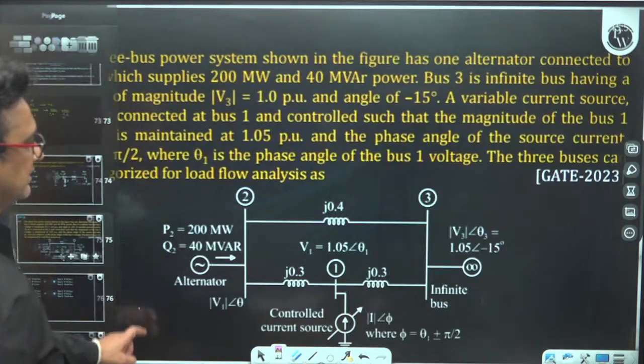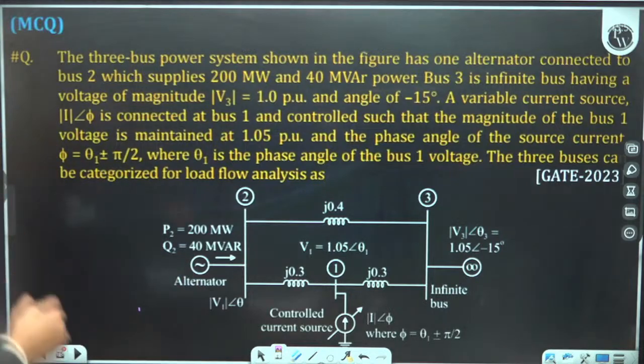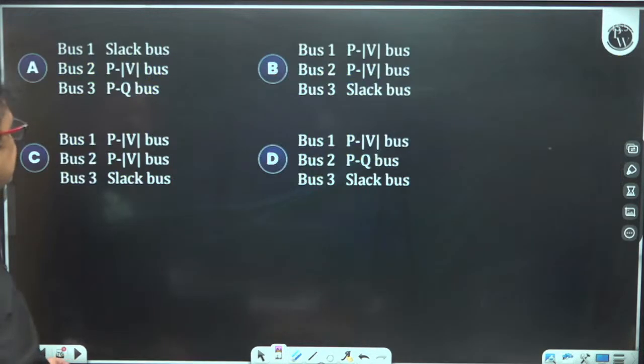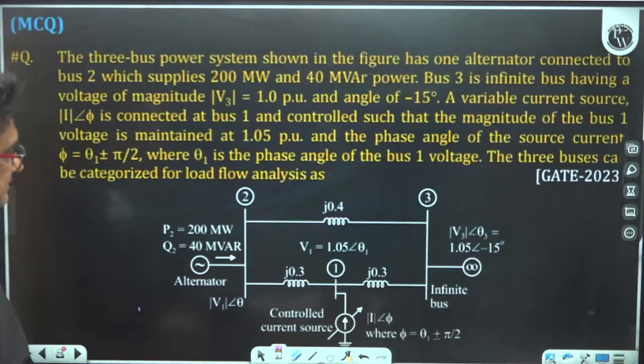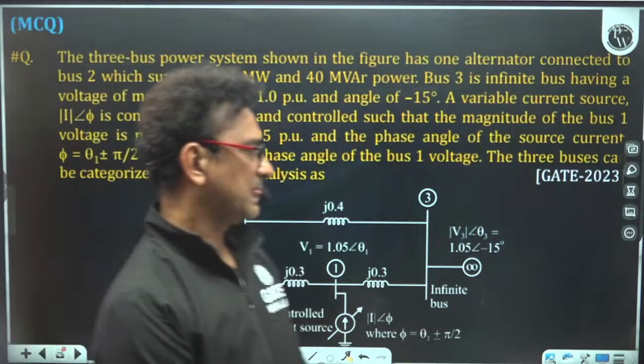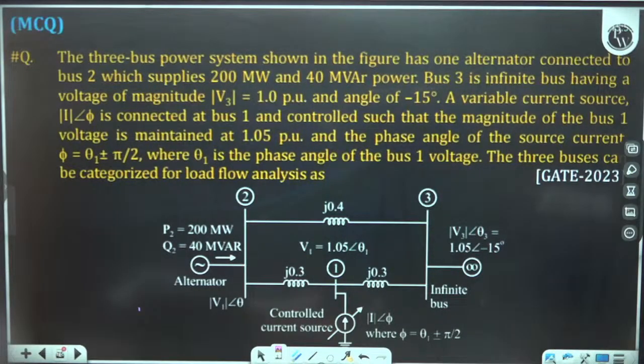Okay. Come to this point. This is the last-to-last year question. Identify the PQ, PV and the slack bus.